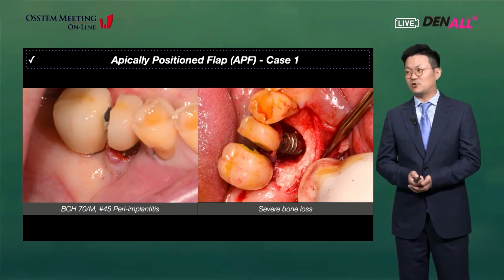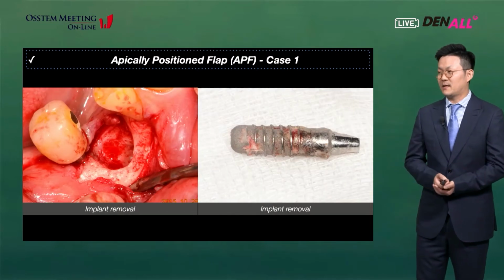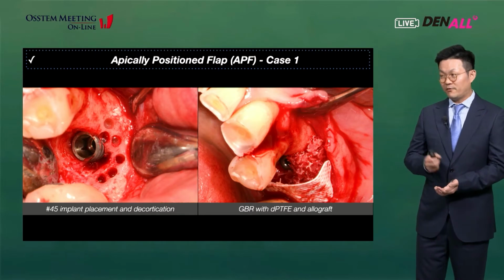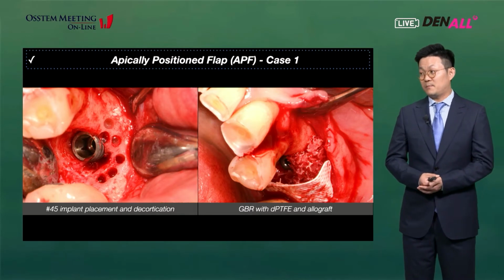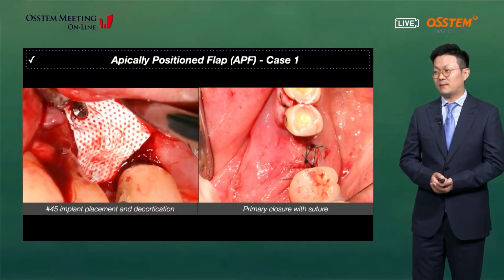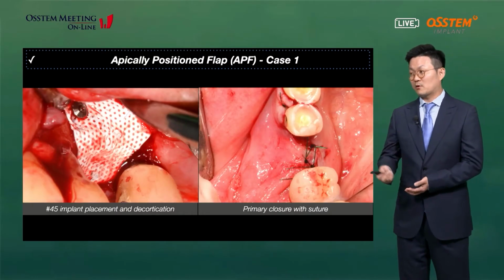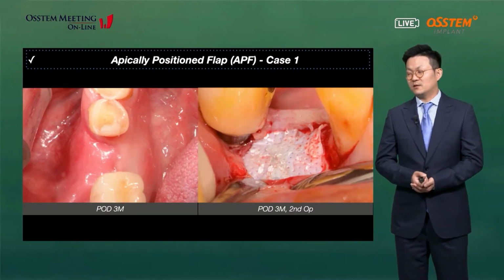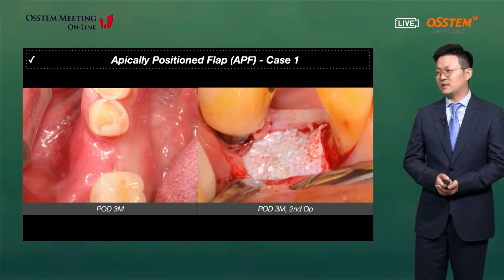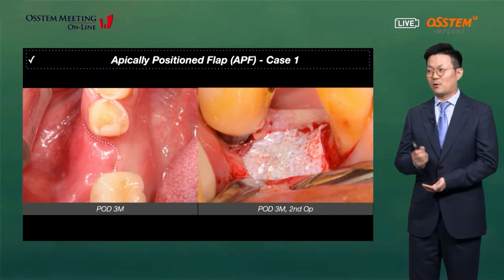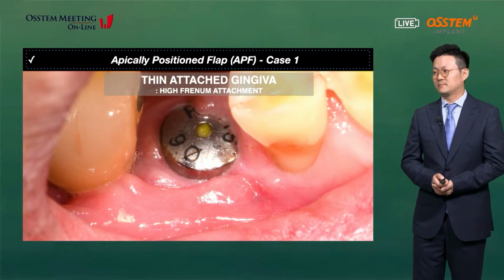So I decided to extract this implant, and I placed a new implant and performed GBR with a PTFE membrane and allograft. After surgery, I made a primary closure with a suture, and after 3 months, as you see, there is a severe soft tissue problem on the buccal side. There is only alveolar mucosa remaining.